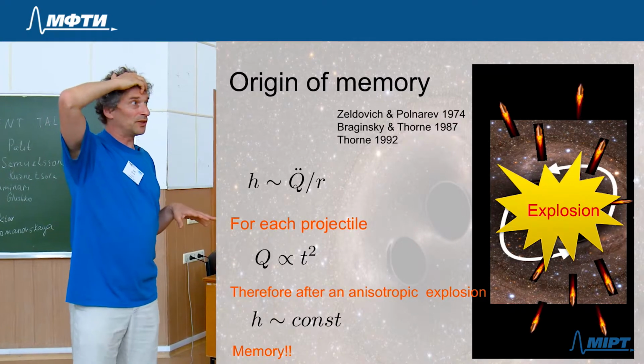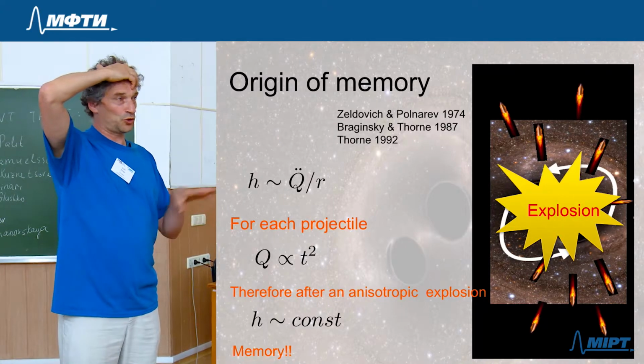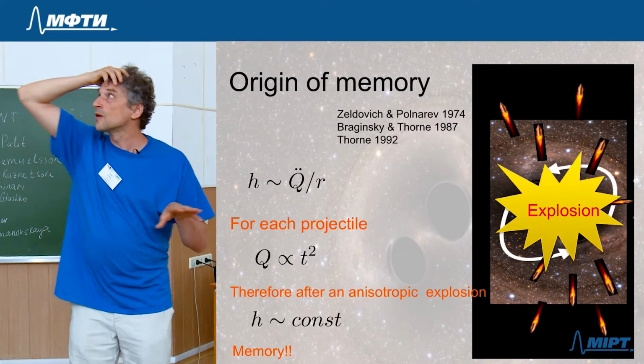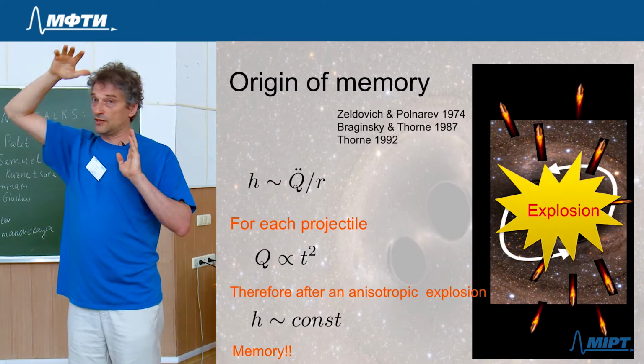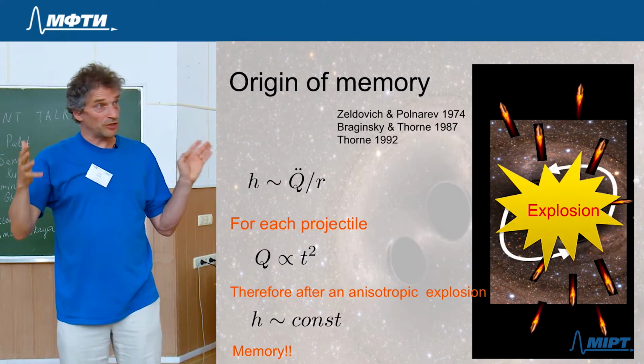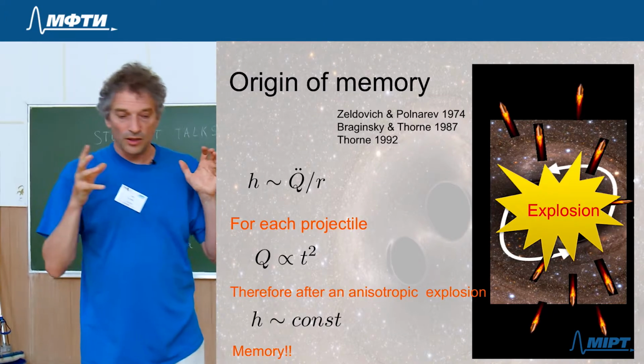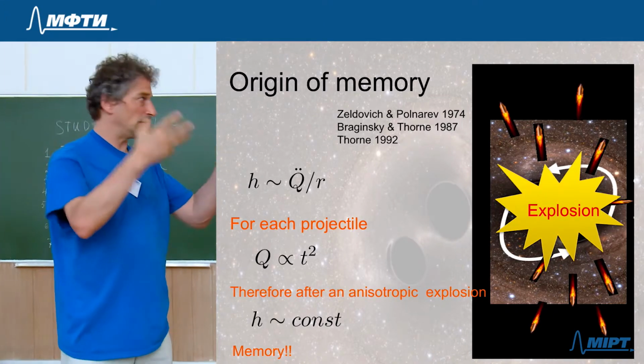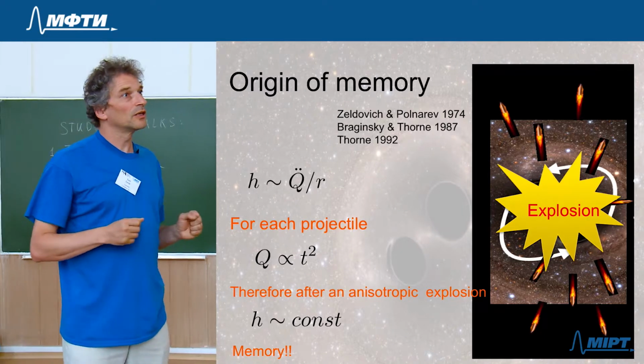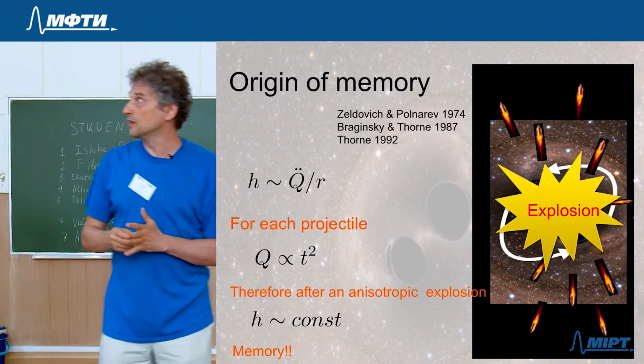It's a very simple thing, actually, and you should all understand it, right? If you open the standard textbook on general relativity, and you look at the chapter on how gravitational waves are produced, you will see the following formula.